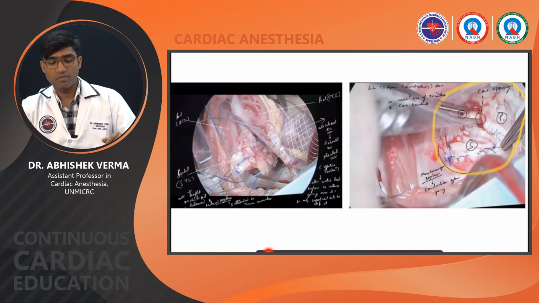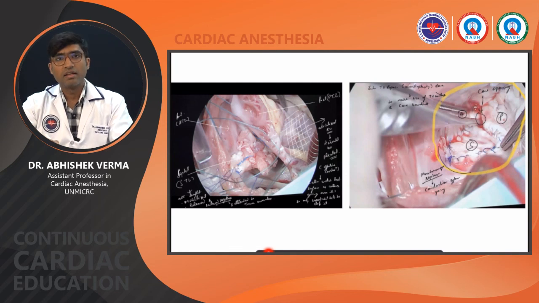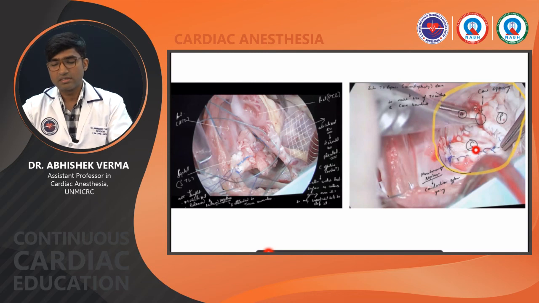Okay, intraoperatively we see this diagram. Here this is a suture line between the anterior leaflet and the septal leaflet, and this is the posterior leaflet. Lastly, this is the septal leaflet and this is the posterior leaflet, and this is the anterior tricuspid leaflet.